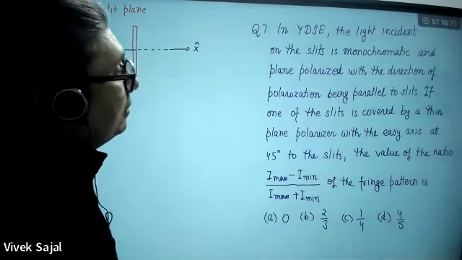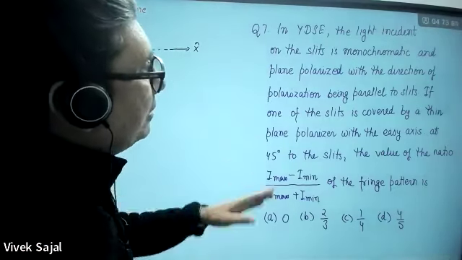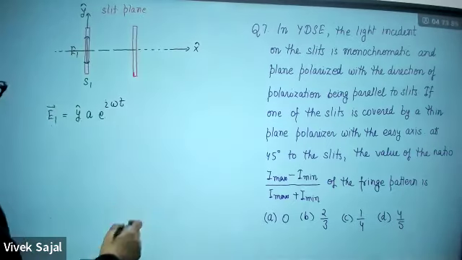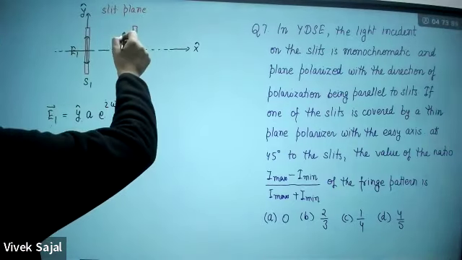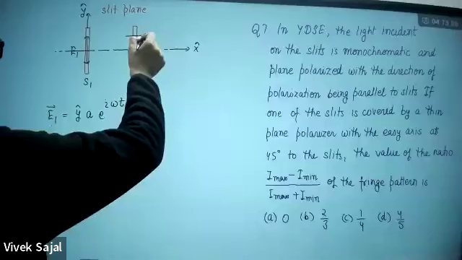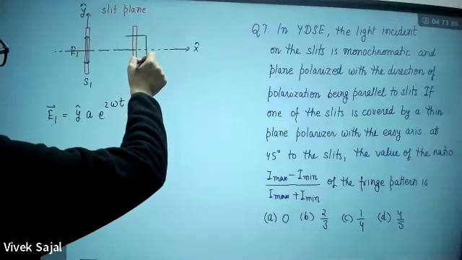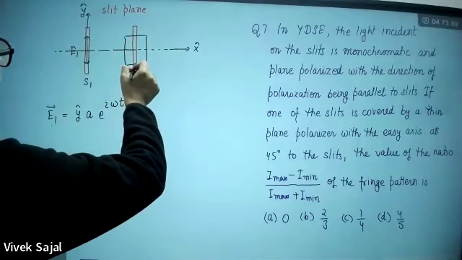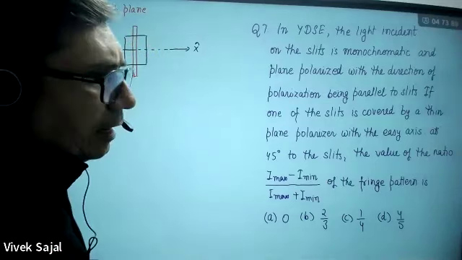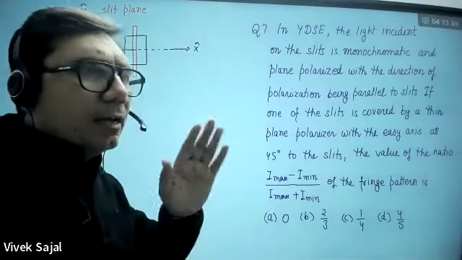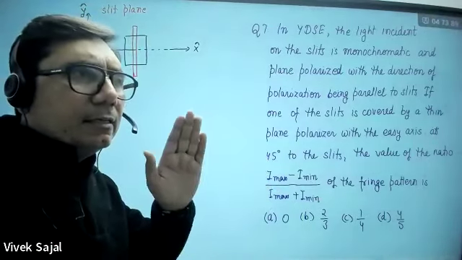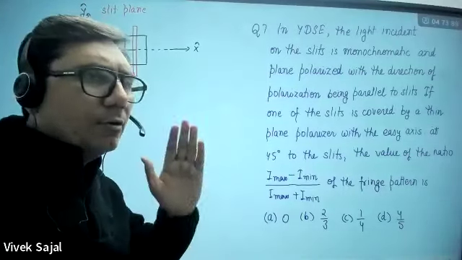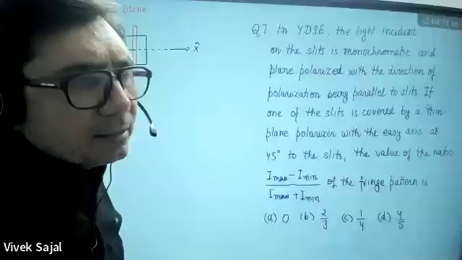Second, if one of the slits is covered with a thin plane polarizer, so in front of this, try to understand, they have placed a polarizer here. Hopefully all of you are aware of the basic aspect of the polarizer. A polarizer allows the light with electric vector in a particular direction. That particular direction is called the pass axis or transmission axis.